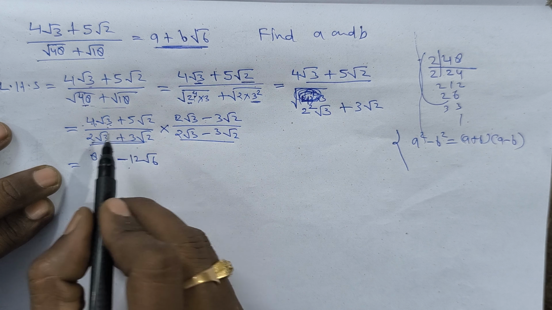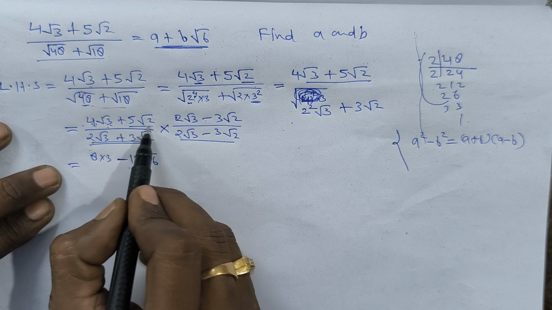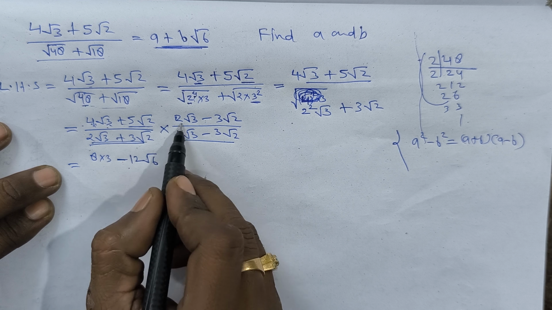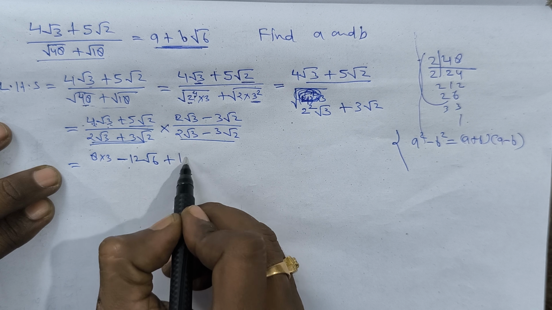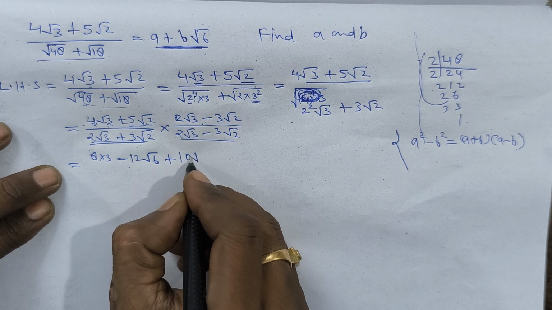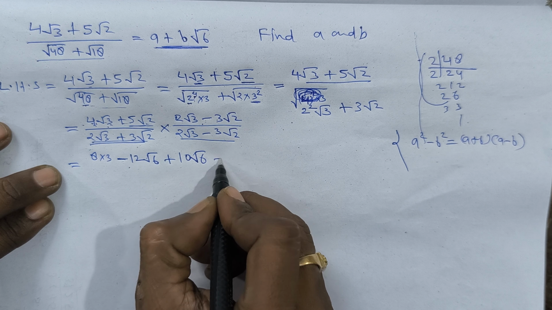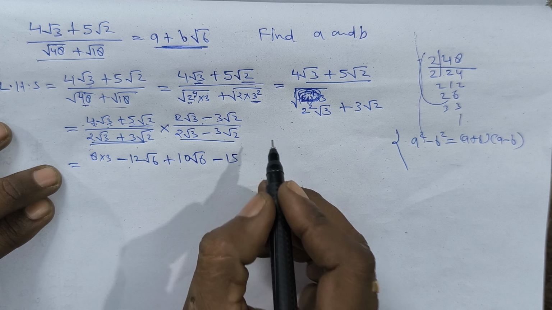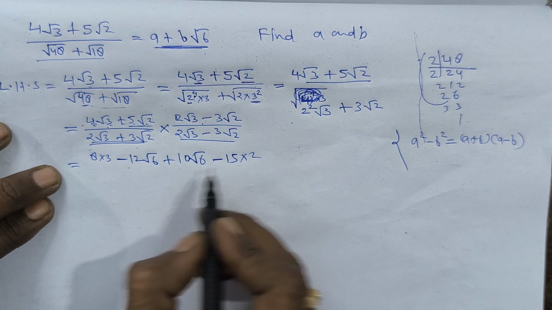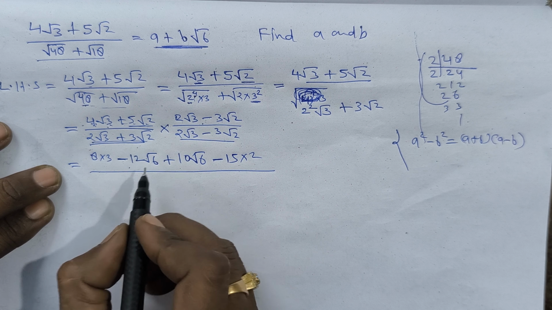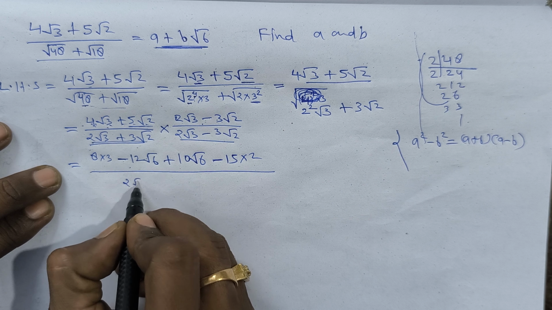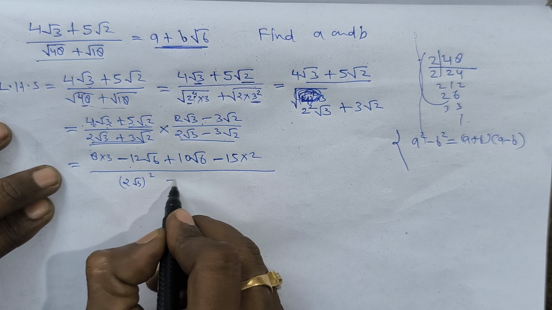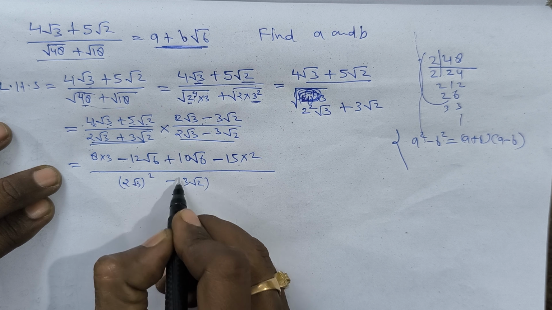Now this multiplication is done, now multiply the other term. 5 2s are 10, root 3 into root 2 is root 6, plus; then minus, 5 3s are 15, root 2 into root 2 is 2. Now the denominator becomes 2 root 3 whole square minus 3 root 2 whole square.